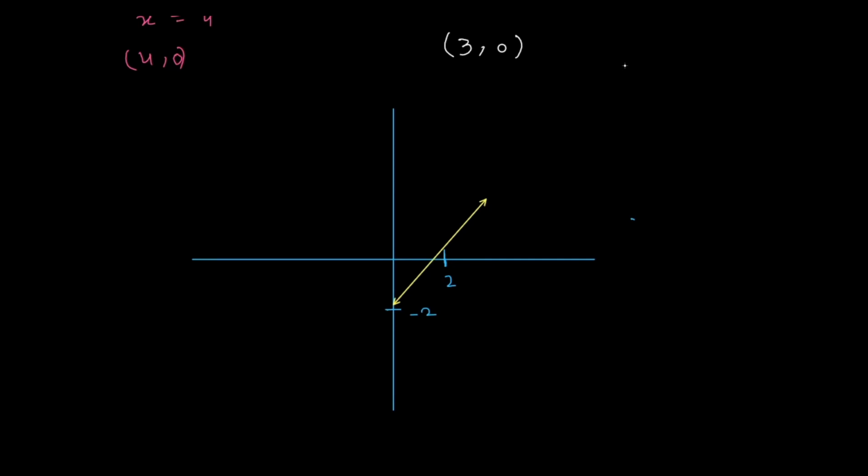So the line is not exactly passing. Once again we will draw the line. Approximately it is correct.